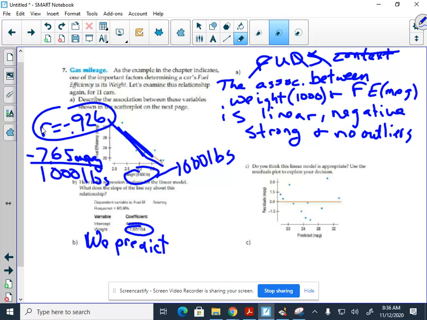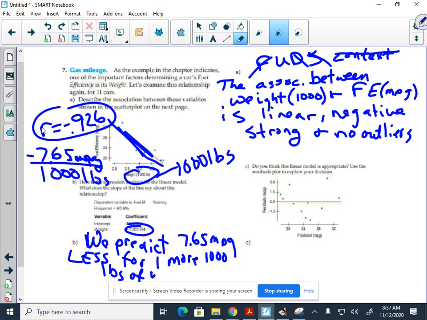So we predict 7.65 miles per gallon less, there's the negative, for 1 more 1,000 pounds of weight. You could just say for 1,000 more pounds of weight. The reason I do it as that 1 more 1,000 is just to stay consistent.